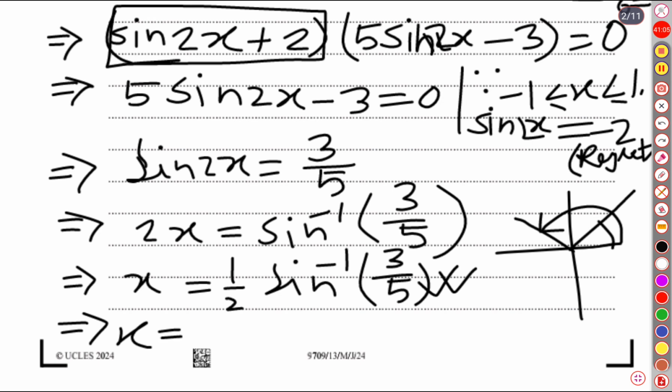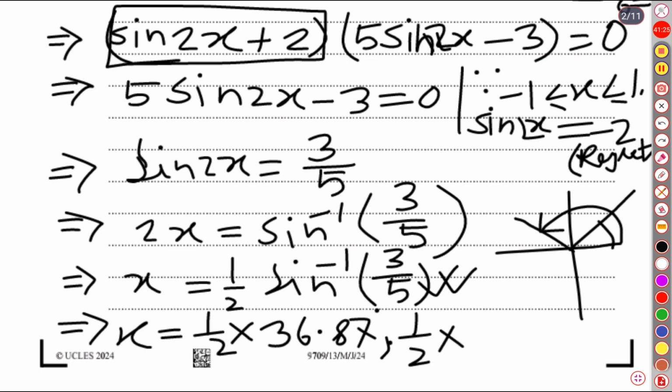As there are two values, half of the first value is 36.87 degree, we are expressing in degree, and the second one is half into, from 180. The whole of this is 180. From 180, if we subtract only this portion, then we will get our required value.